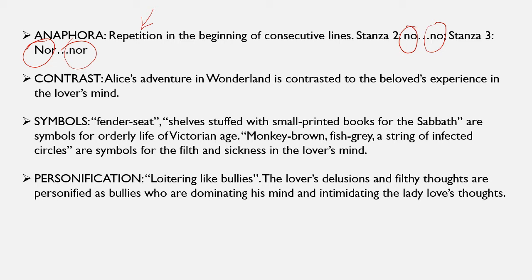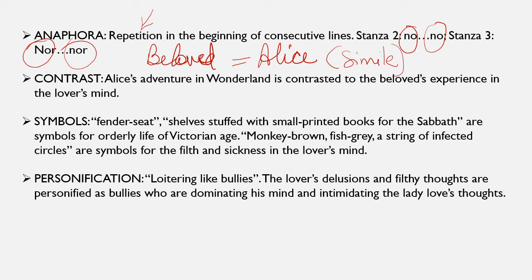The next poetic device is contrast. So here the contrast is between the experiences. The poet compares his beloved to Alice, because he says you jump like Alice. This we will see when we start reading the text of the poem. We had also done how this is a simile, because he asks his beloved to jump like Alice.